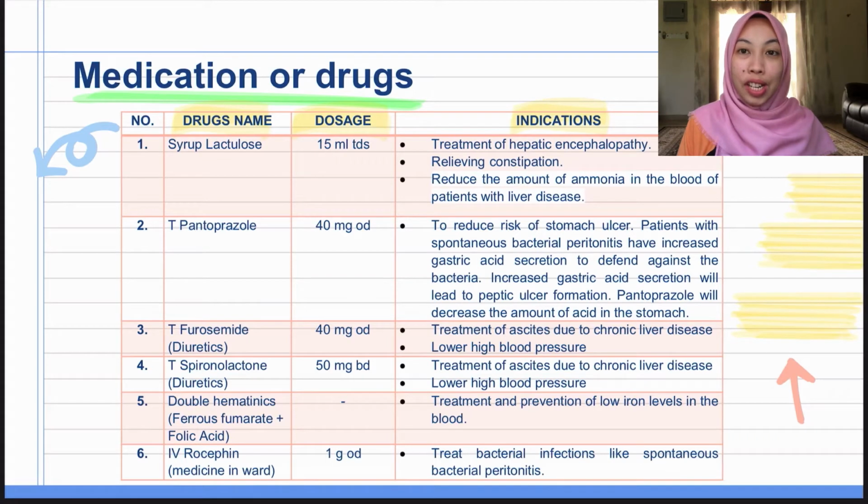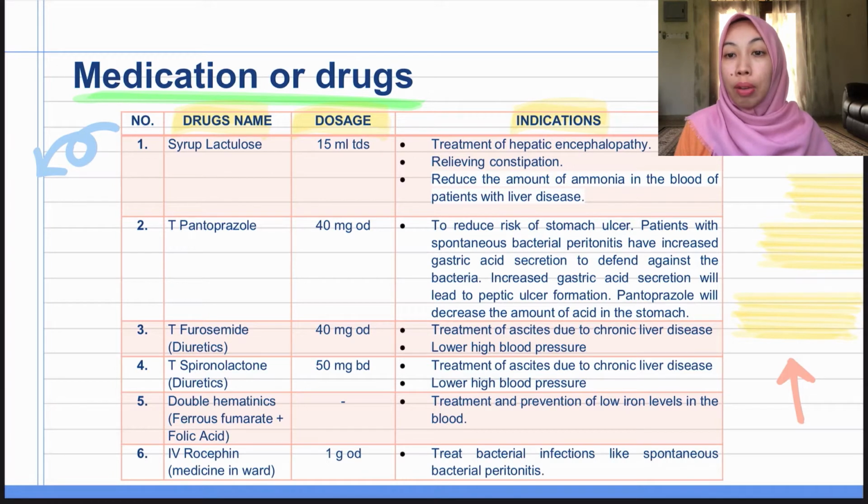Hi, I am Runia Ashikin and now I will proceed with the medications that are taken by Mr. T. First of all, he is prescribed lactulose syrup 15 ml 3 times daily for the treatment of hepatic encephalopathy, to relieve constipation and also reduce the amount of ammonia in the blood of patients with liver disease. Next, he also takes 40 mg of pantoprazole once daily to reduce the risk of stomach ulcer formation.